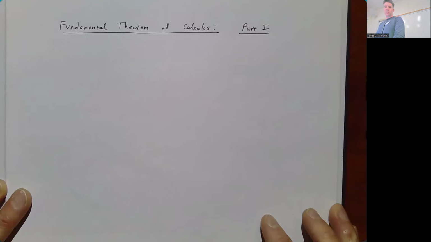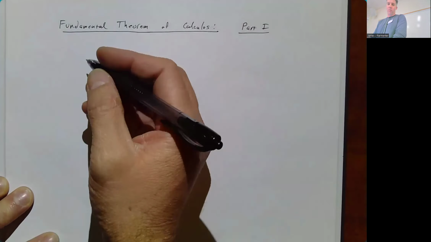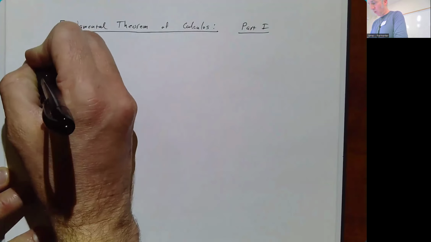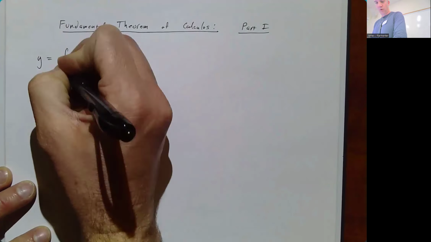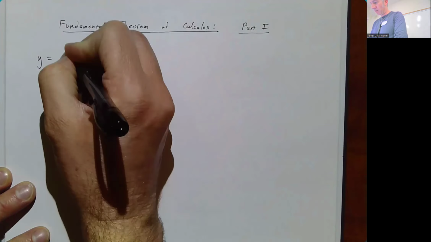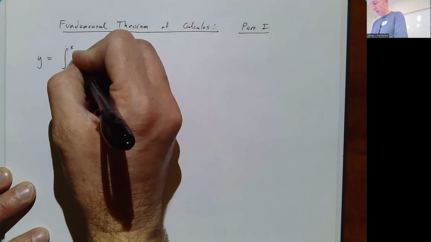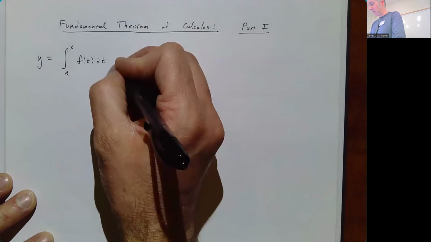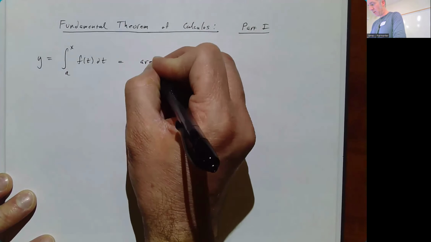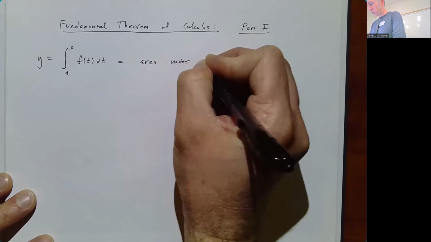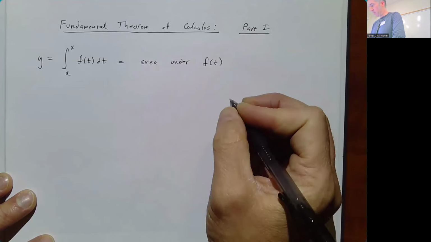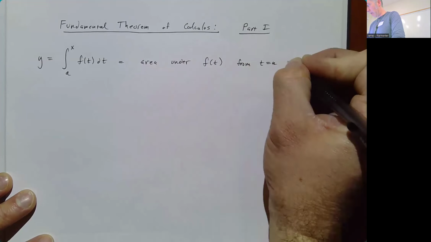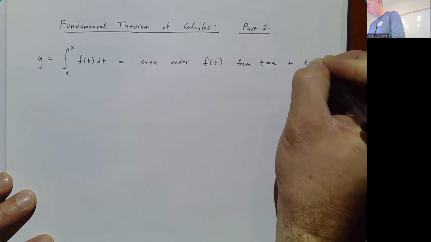So let's do this thought experiment to help us see why this might be true. Let y equal the integral from a to x of f of t dt. This is going to be the area under the function f of t from t equals a to t equals x.